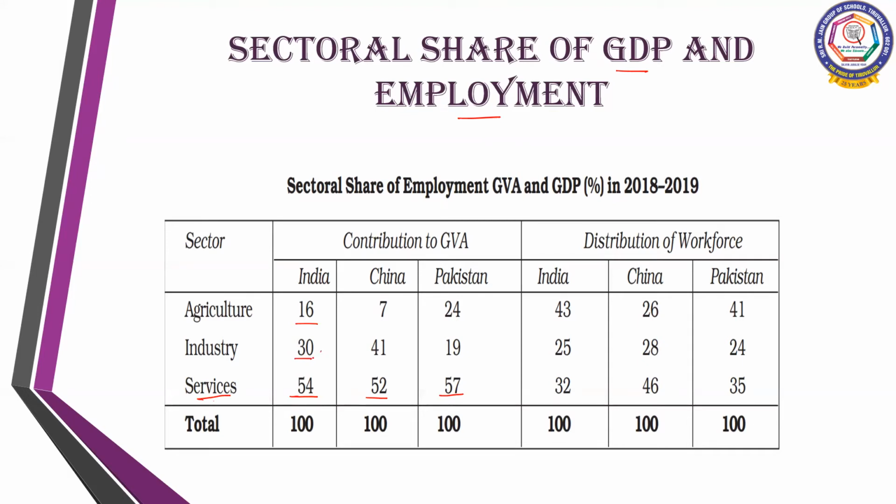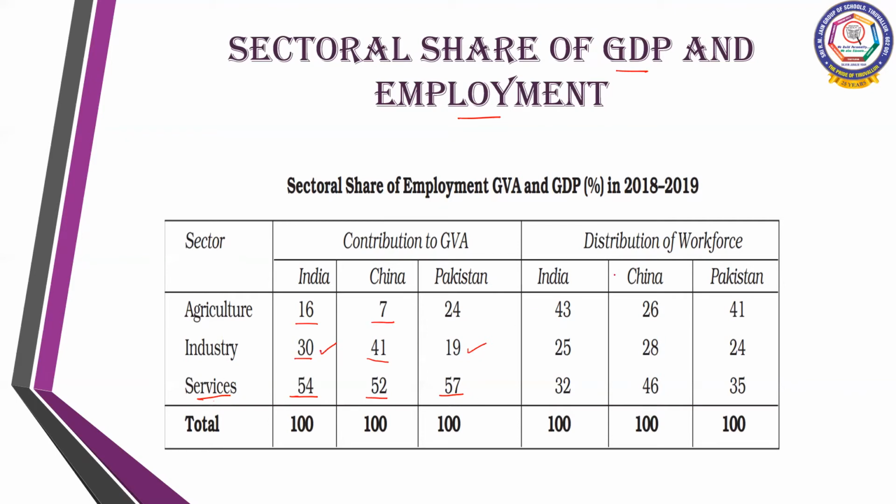The contribution of the industrial sector is 30 in India and 19 in Pakistan, whereas it is the highest in China at 41%. China has succeeded due to the Great Leap Forward campaign and its reform policy. The contribution of the agricultural sector to GDP in China is the lowest at 7%.